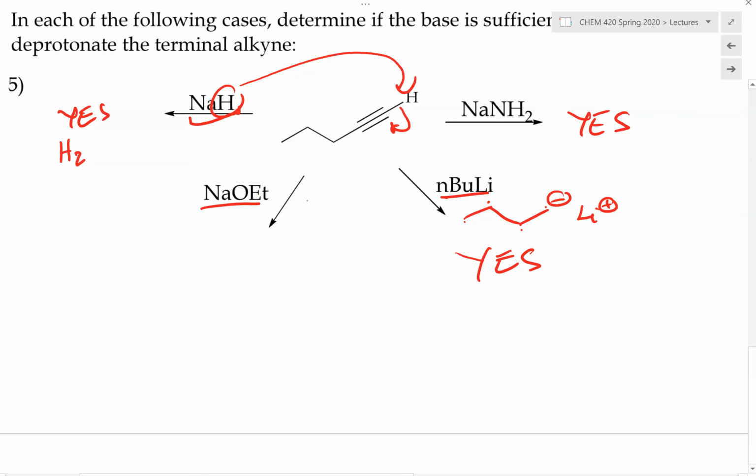As for this one, this is sodium ethoxide, and its conjugate acid is an alcohol. Alcohols have a pKa in about the 16 to 18 range, so that would not be enough. Therefore, sodium alkoxide will not be able to deprotonate the terminal alkyne.